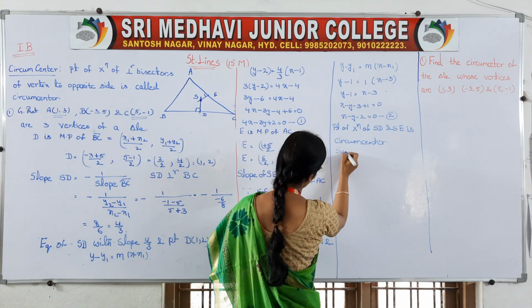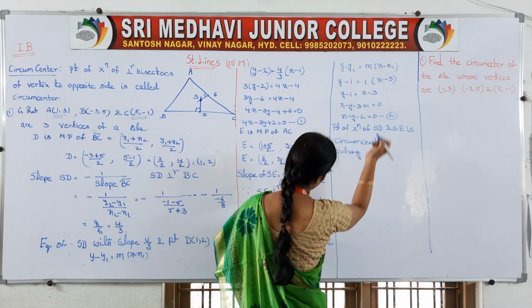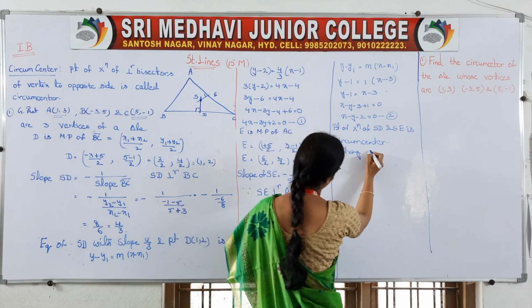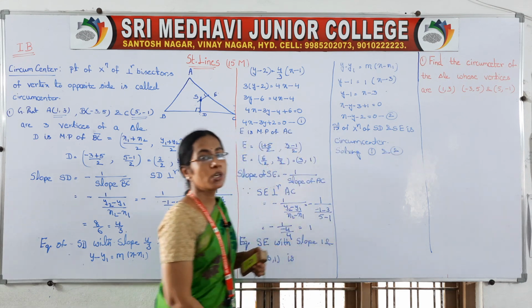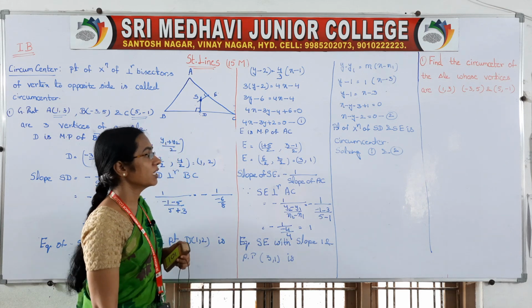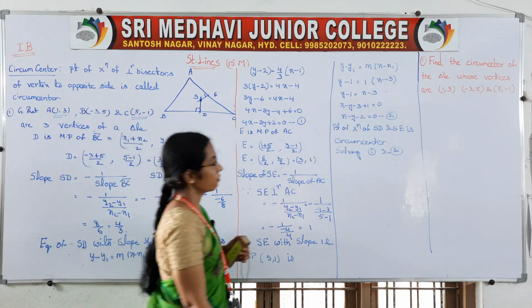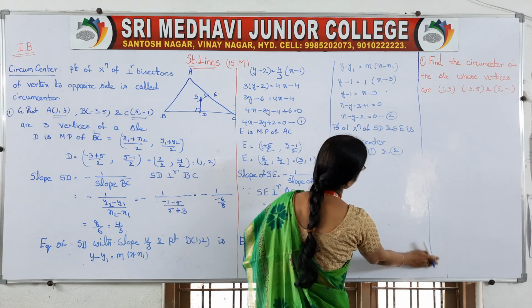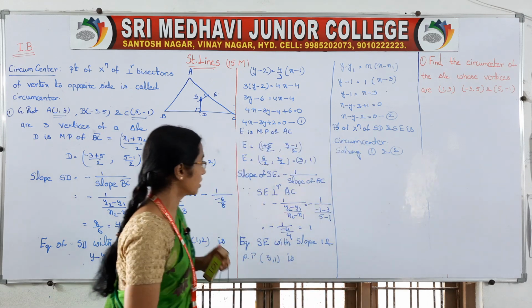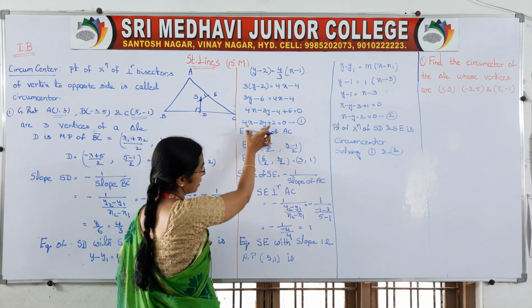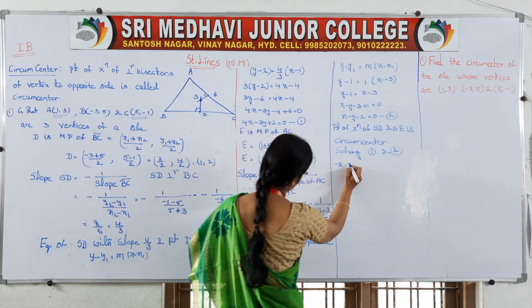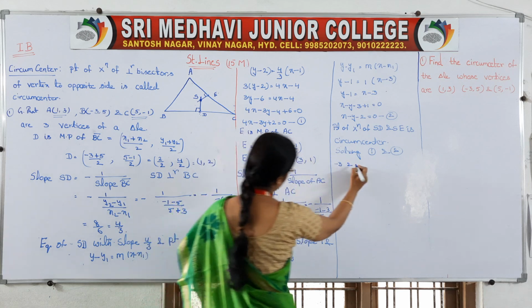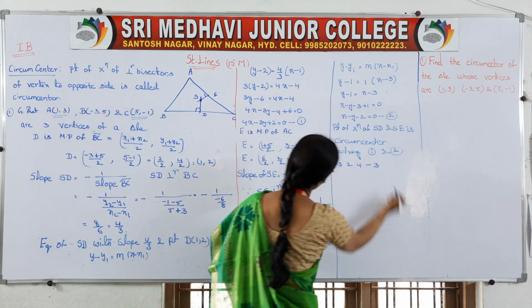So, as usual, which method? Cross multiplication method. Solving 1 and 2. What is the procedure? Y coefficient, constant, x coefficient. Go to the first equation: y coefficient minus 3, constant, x coefficient, again y coefficient.